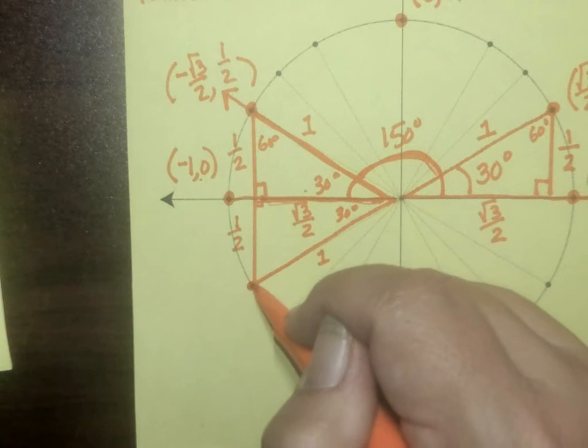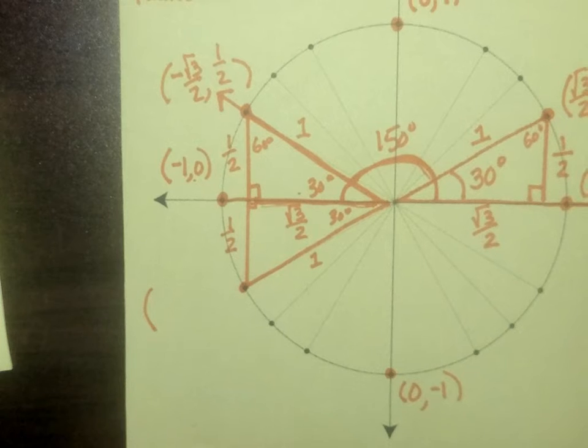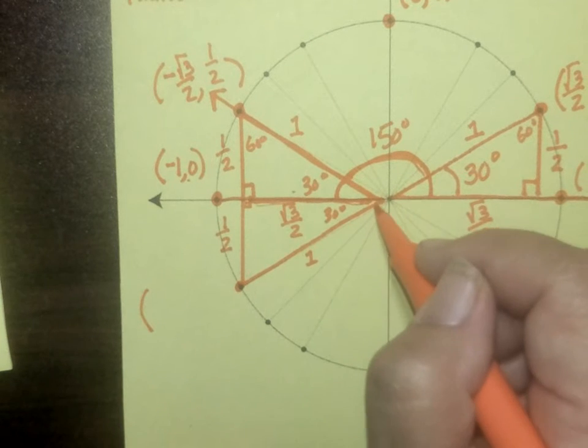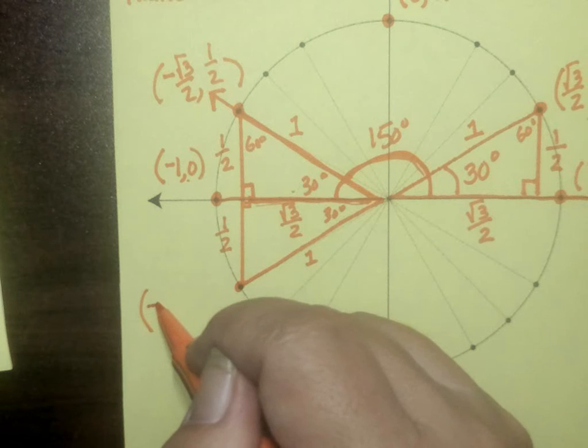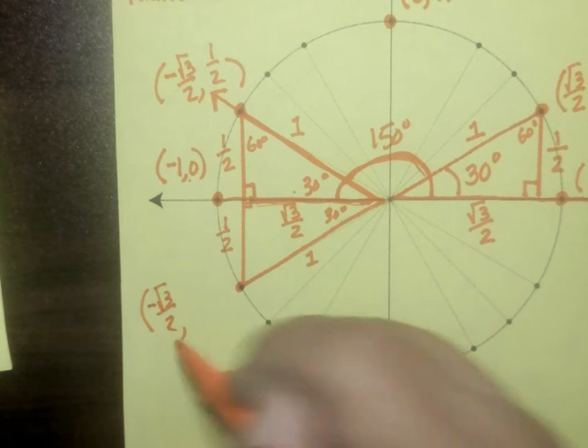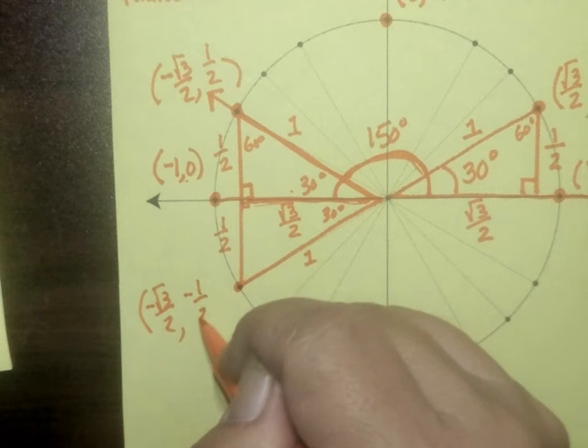So what's my ordered pair now? X is positive or negative? Negative square root of 3 over 2. And y is negative 1/2.